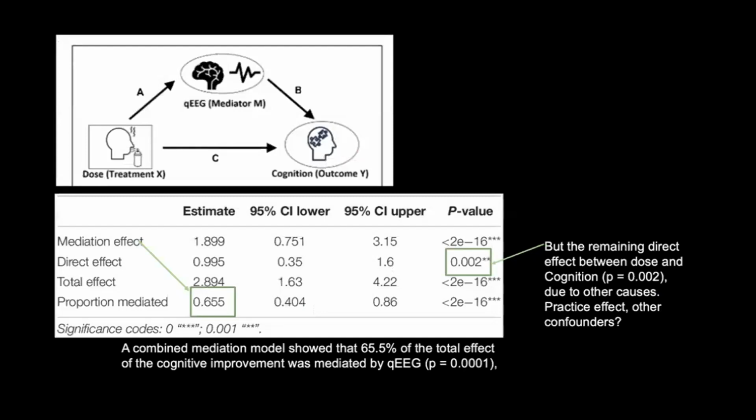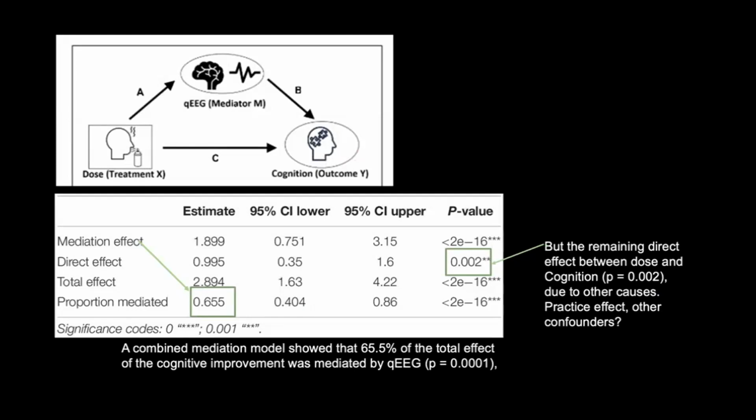But not only that, we found that the direct effect is also significant, indicating that other factors are influencing this cognitive outcome. It could be the practice effect, could be other confounders, and this is only one intermediate analysis. We are doing more analysis about that.